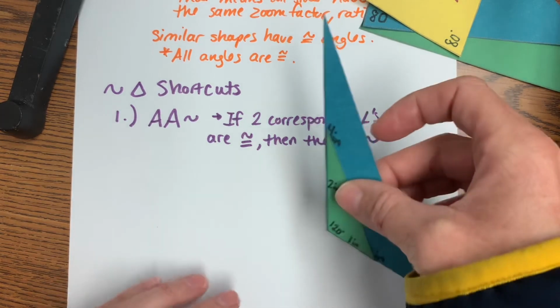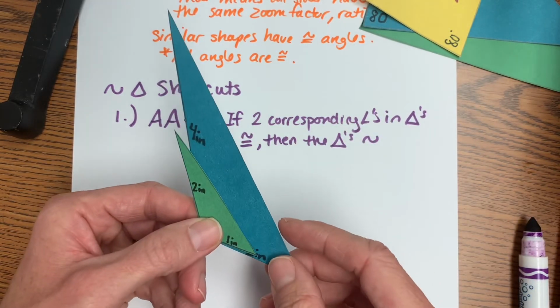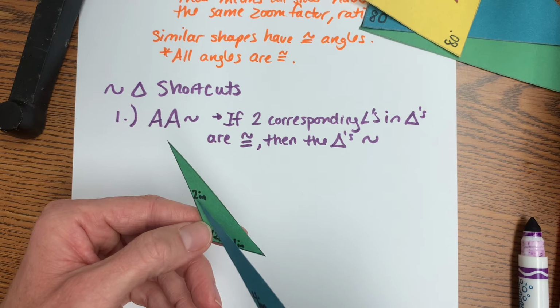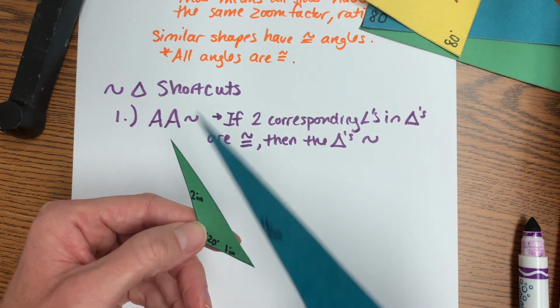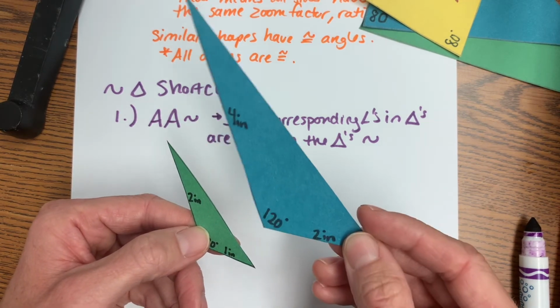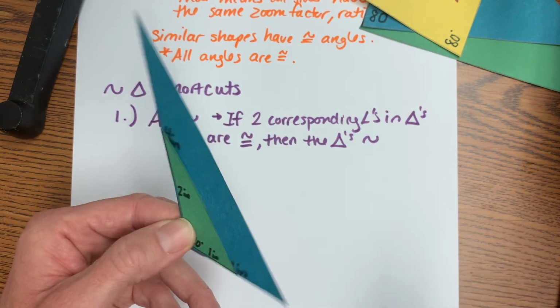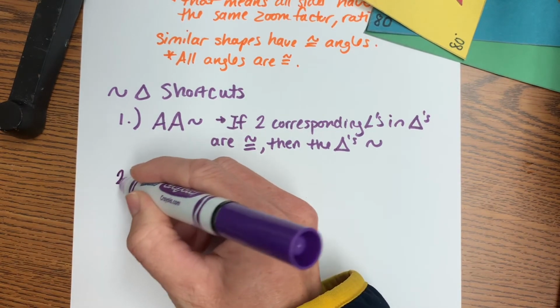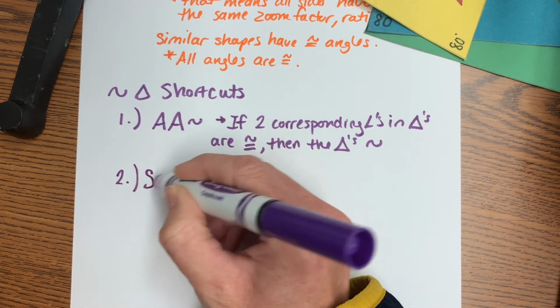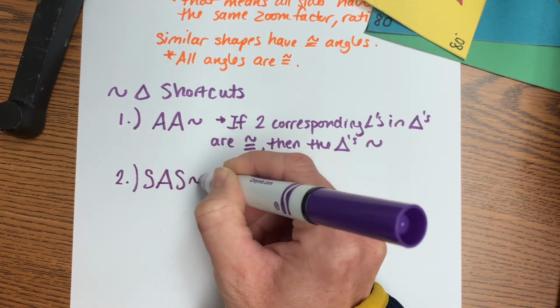So let's go back to the beginning too. Information I gave you was a side, an angle, and a side. And you doubled the sides and you kept the angle the same. So this is called shortcut number 2, and it's called side, angle, side similarity.